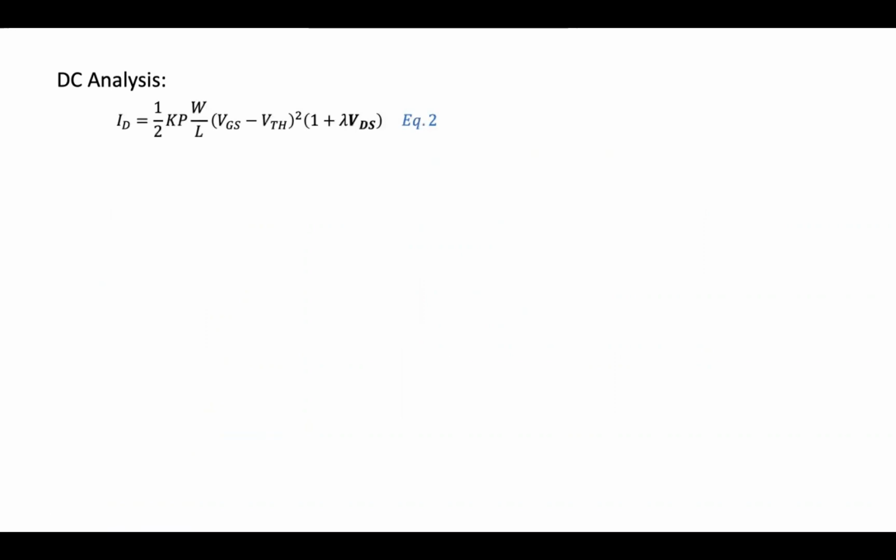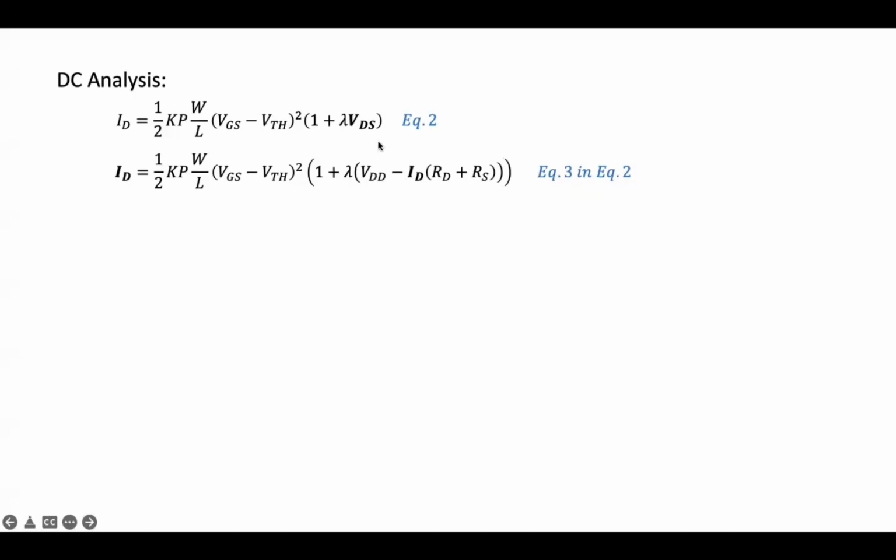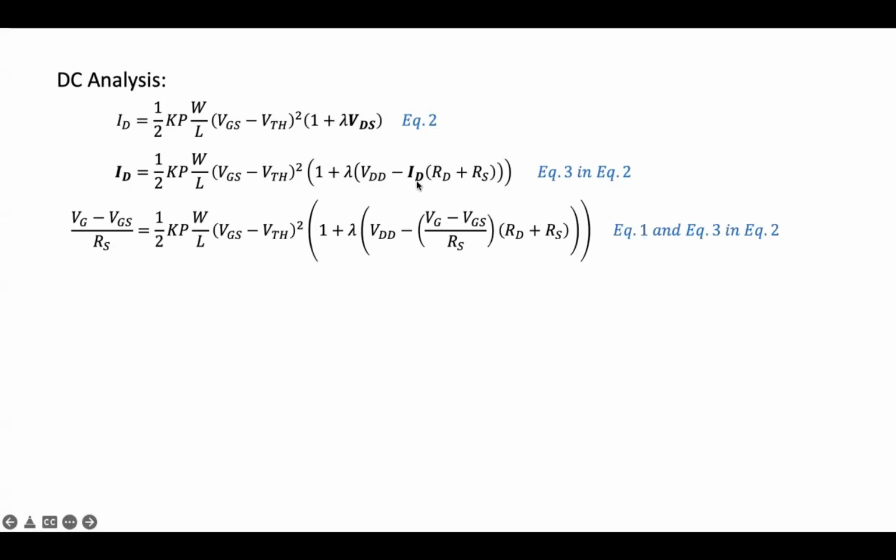So from equation 2, you can practice this, no? But this is how I did the analysis. So from equation 2, I combined equation 3, substituting the value of VDS in equation 3 into equation 2. And then I included as well equation 1 into equation 2.